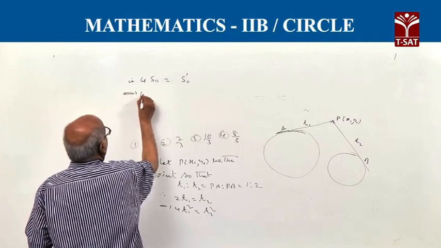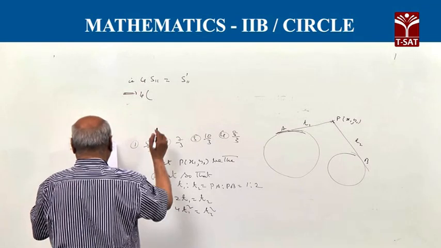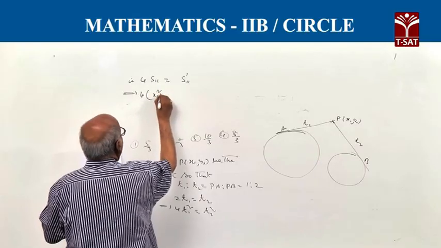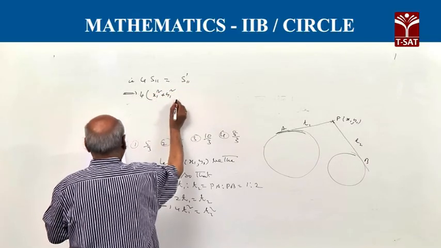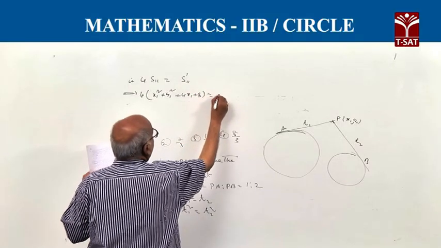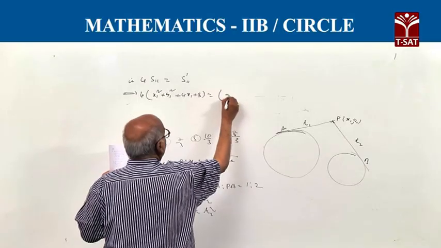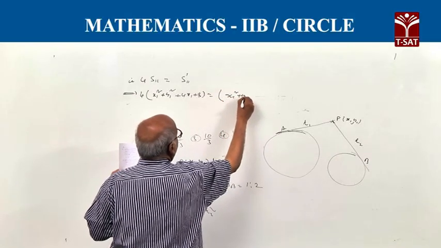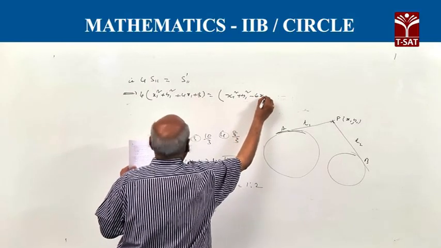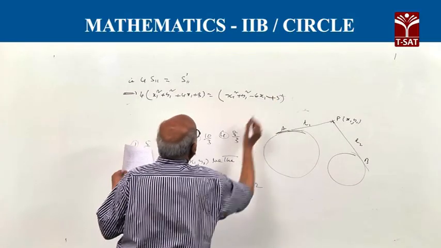So that implies 4 into S11, 4 into x1 square plus y1 square plus 4x1 plus 3 is equal to S dash 11, x1 square plus y1 square minus 6x1 plus 5.